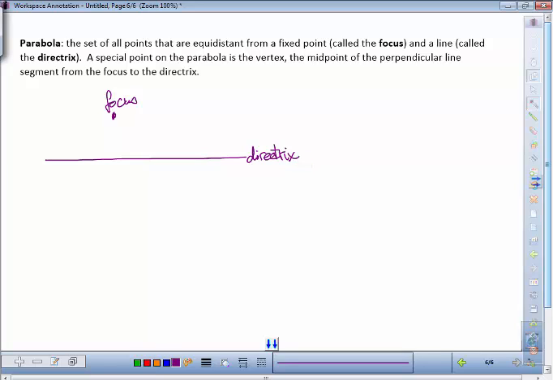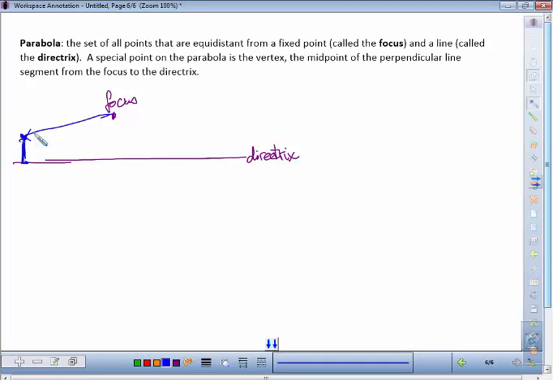So if I randomly pick a point somewhere over here, the distance from that point that I randomly selected to the directrix is going to be this length, whatever that is. And then the point to the focus is going to be that. Now, is that equidistant?